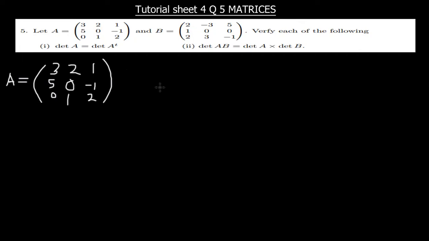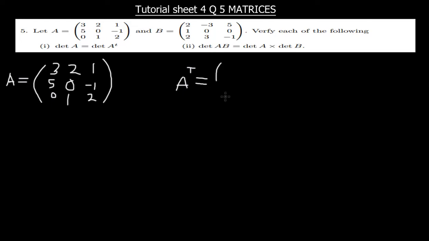Then, so let us find A transpose. So A transpose will be nothing but you just change the rows into the columns there.